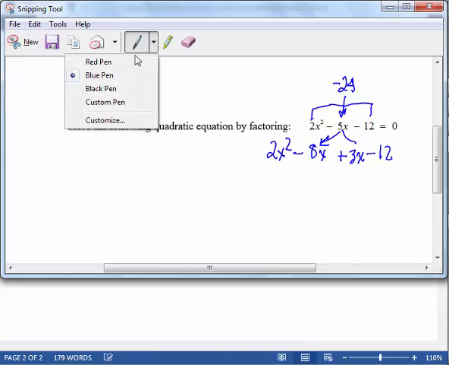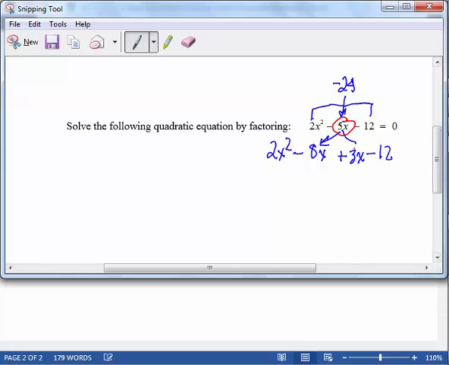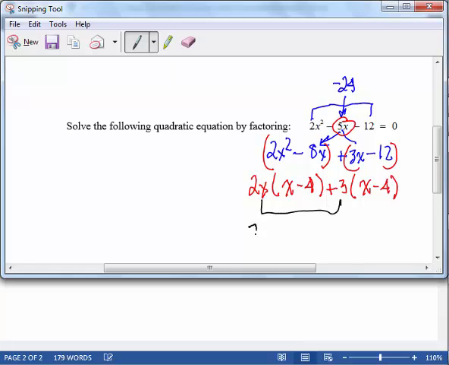So that's where we split the 5x into 2 parts. Now we've got 2 sections to do that we can take out a 2x out of the first ones, and we're left with x minus 4, and a 3 out of the second ones, and we're left with x minus 4. And so these two combine to be 2x plus 3, and then they're multiplied by x minus 4 equals 0.